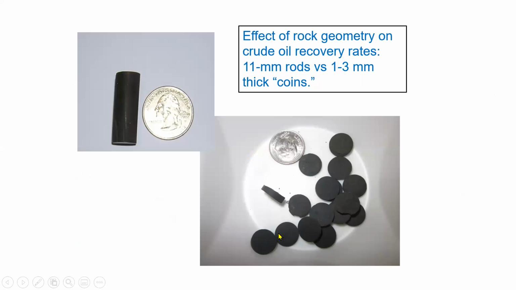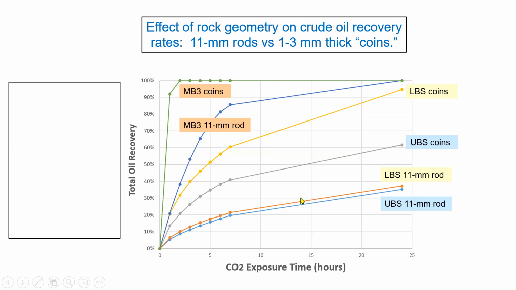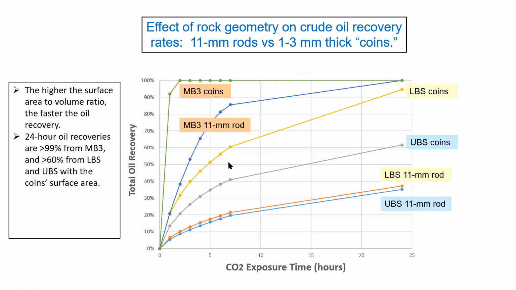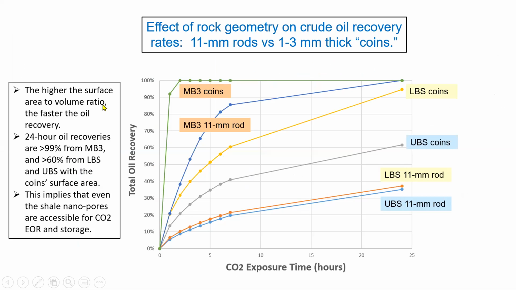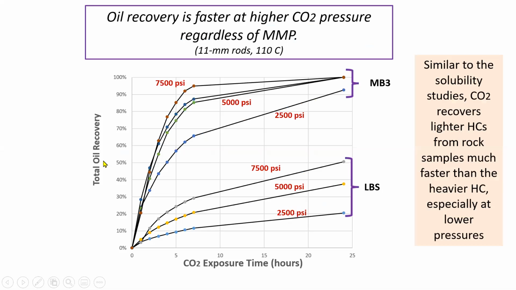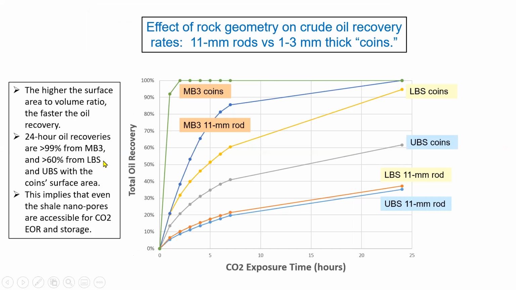And this is one of the other sizes we use. We make coins out of a rod, split it, make coins. So here we see the results of coins versus the rods. The higher the surface area to volume ratio, the faster the oil recovery, of course. 24-hour recoveries are greater than 99% from the Middle Bakken rods, and about 60% with the coins here.